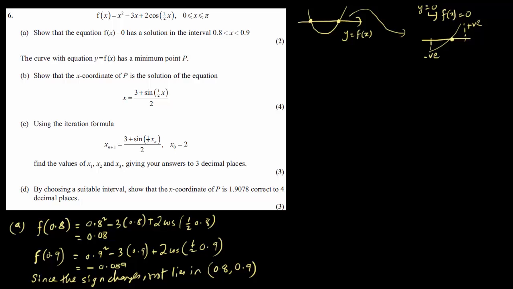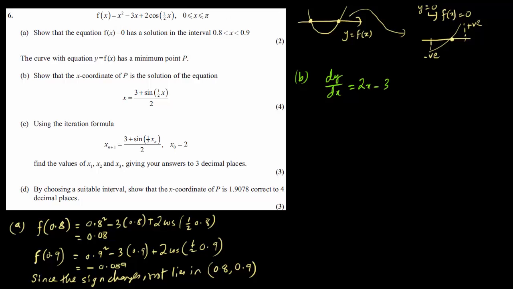Question number B, we have to find the x coordinate of the minimum point. So for that we need to use the concept of minimum point from C2. So we know at the turning point dy by dx equals 0. So let's find dy by dx. The derivative of x squared is going to be twice x.